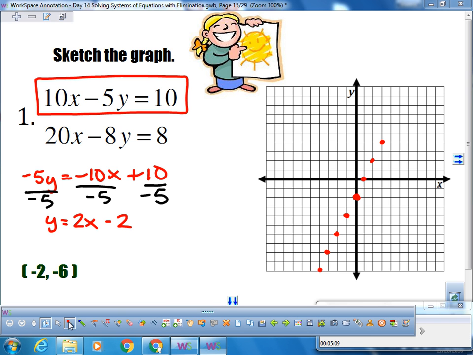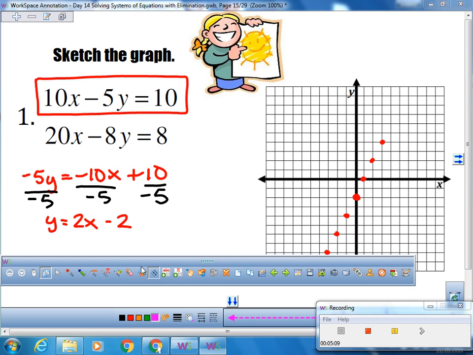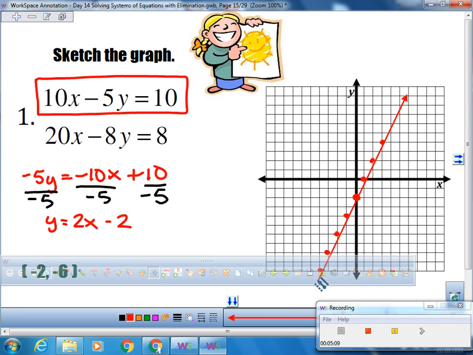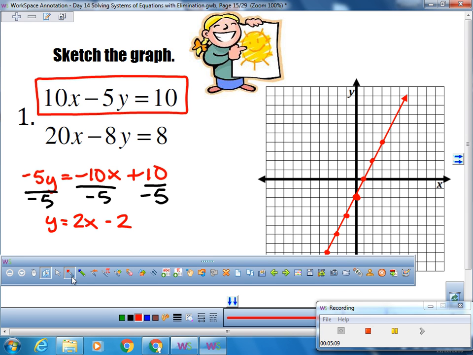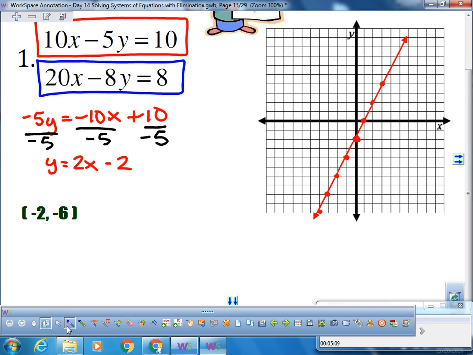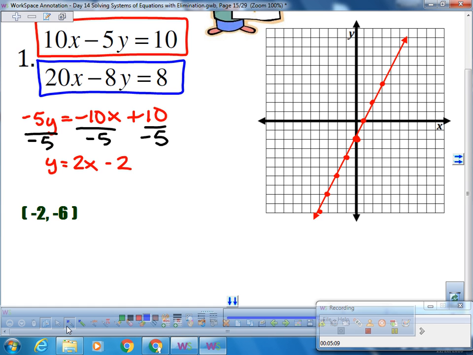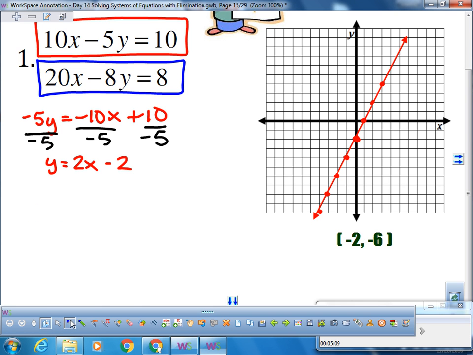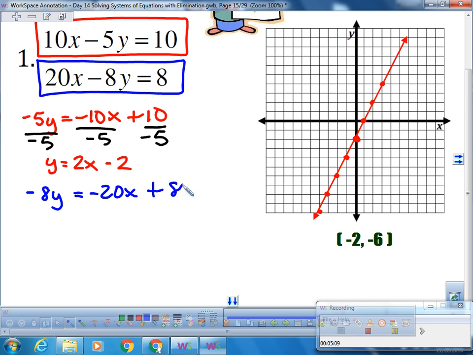Alrighty. So that's 1. Pretty good. And now I'll do the second one. So my second one is 20x minus 8y. So as soon as I change that, that's going to be negative 8y equals negative 20x plus 8.